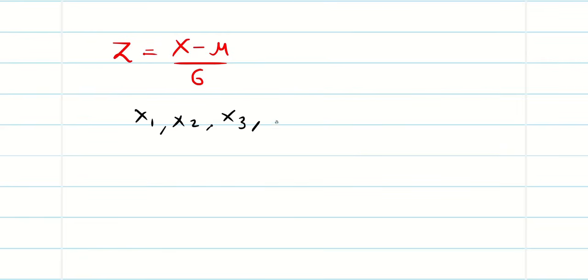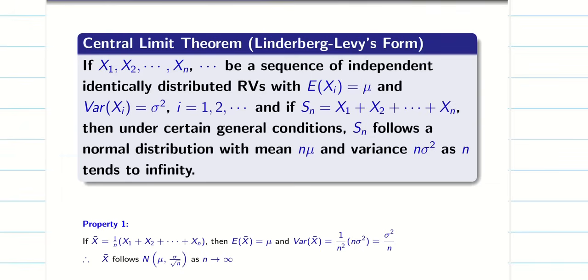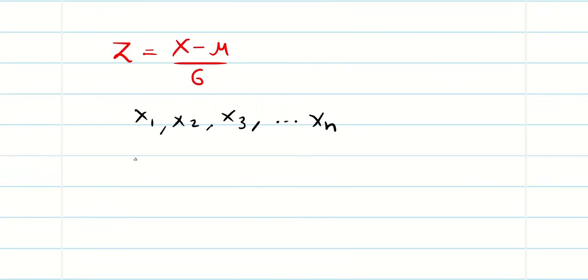Do you remember in normal distribution, the standard normal variate we use is z is equal to x minus mu by sigma. Here we are taking x1, x2, x3, etc., xn, a sequence of independent identically distributed random variables, and from this I am going to find Sn.